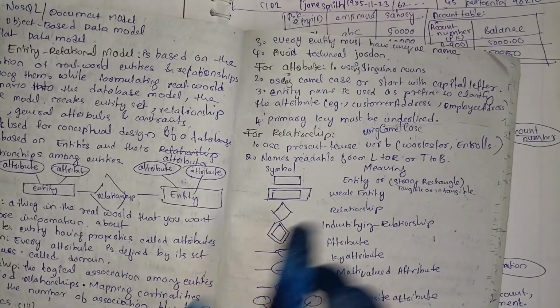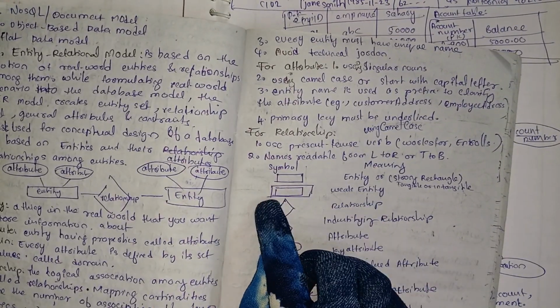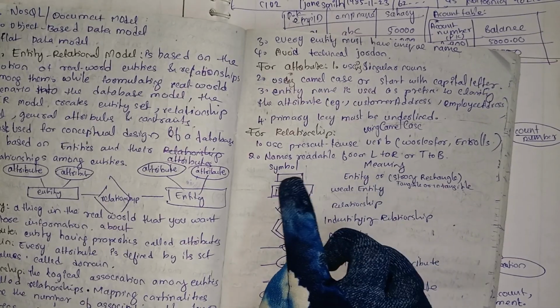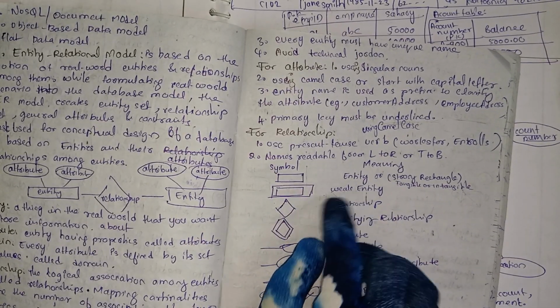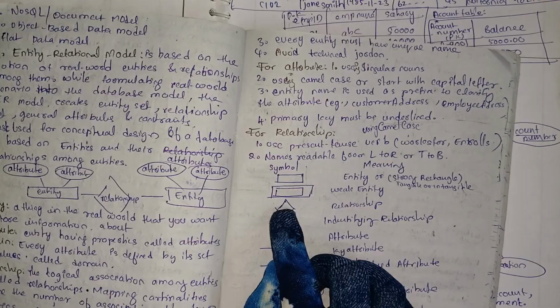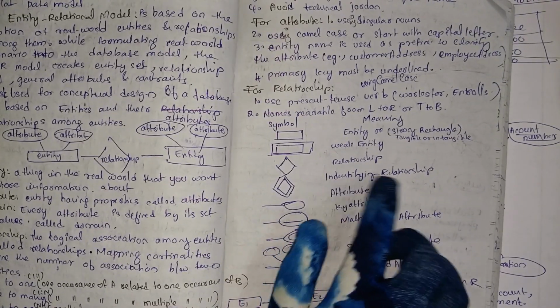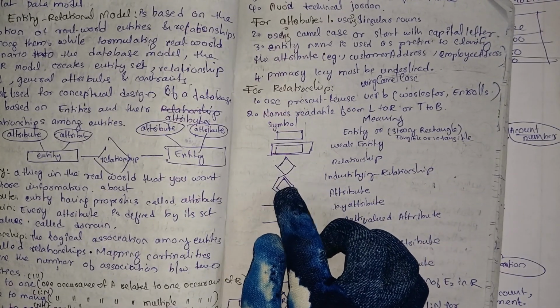Now these are the symbols. For all types of entities, rectangle only, and weak entity, double rectangle. Relationship, rhombus or diamond; identifying relationship, double rhombus.